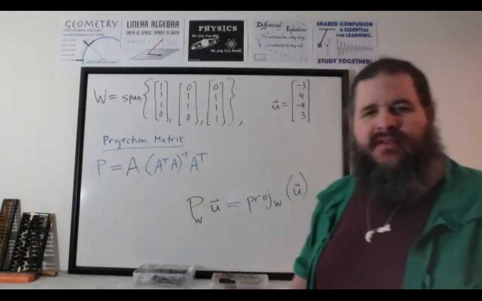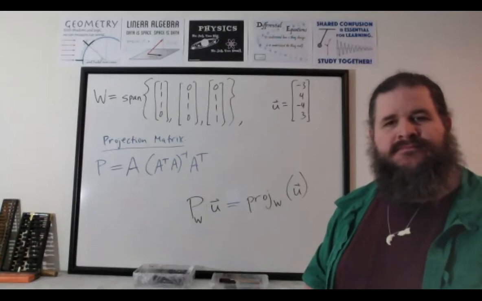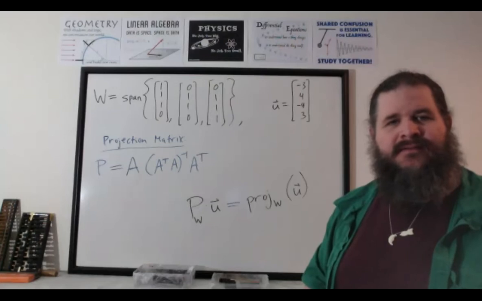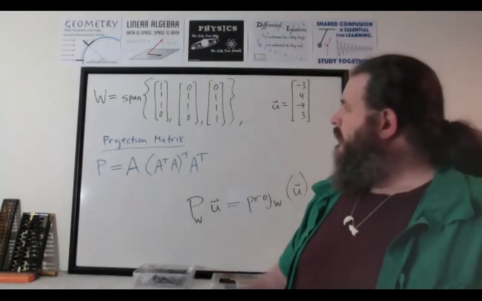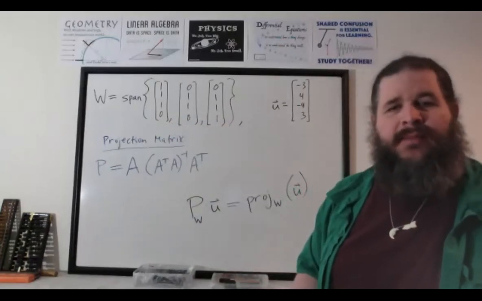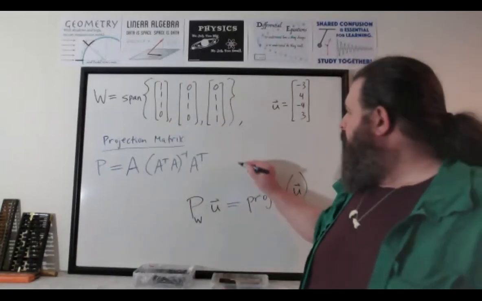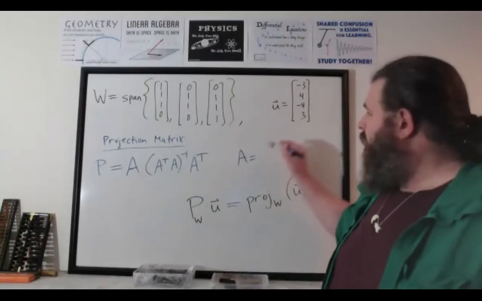And what does A represent in this case? How would we build the A matrix? Yeah, if we take these three vectors, the vectors that are a basis for the space we're talking about, we want to use those vectors as columns for a matrix.